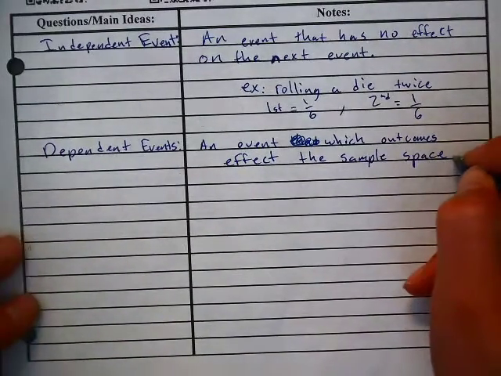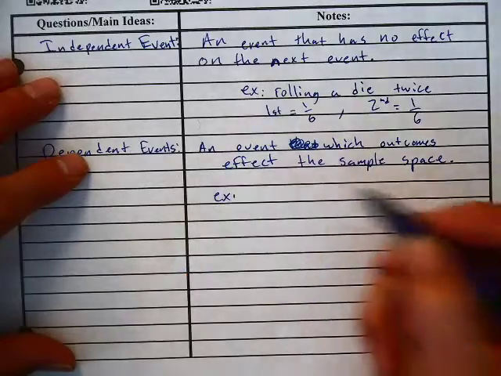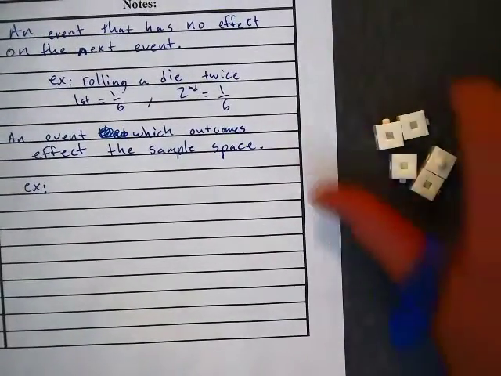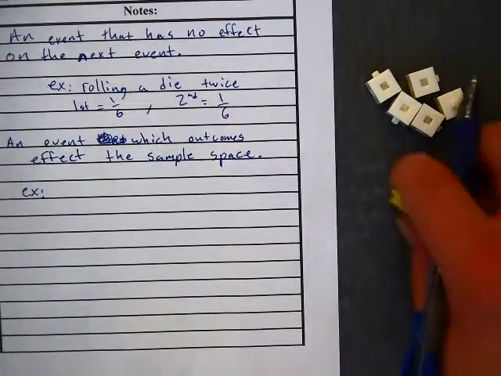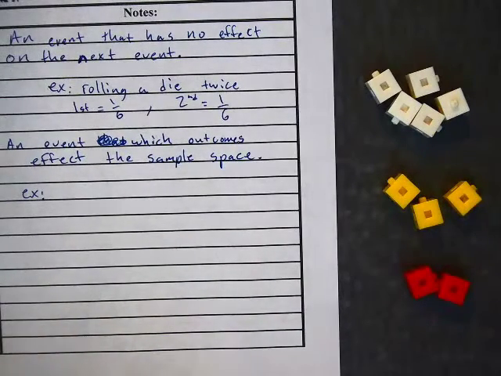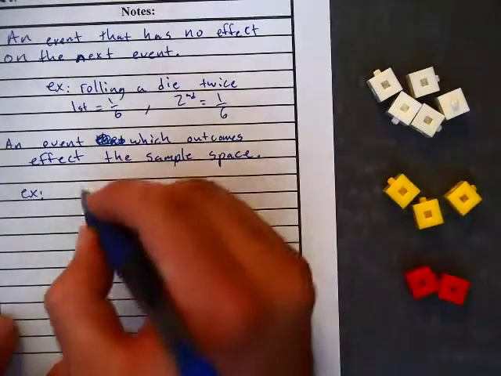And what I mean by that is, let's do an example. Let's say if I had these blocks. How many total blocks do I have? I have 1, 2, 3, 4, 5.